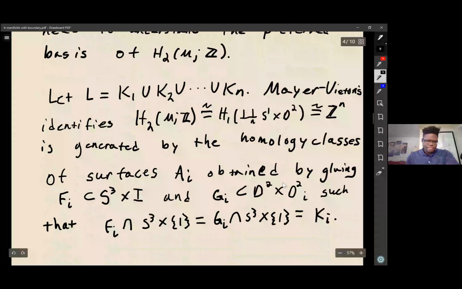So we'll let L be this framed link with n components.